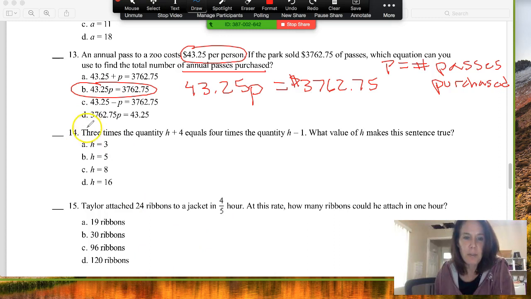Okay, let's look at number 14. 3 times the quantity h plus 4 equals 4 times the quantity h minus 1. What value of h makes this sentence true?